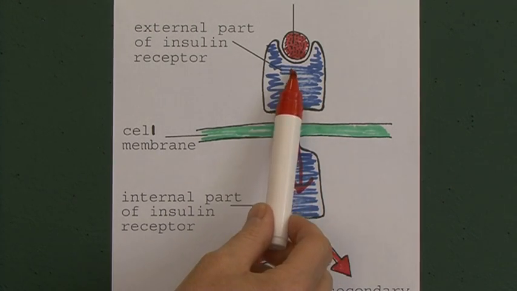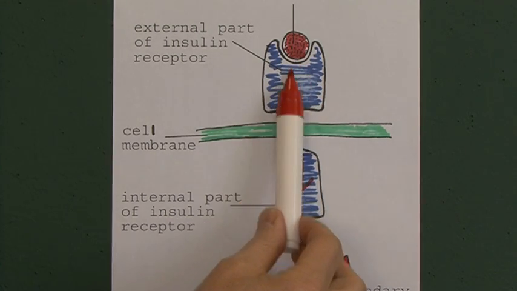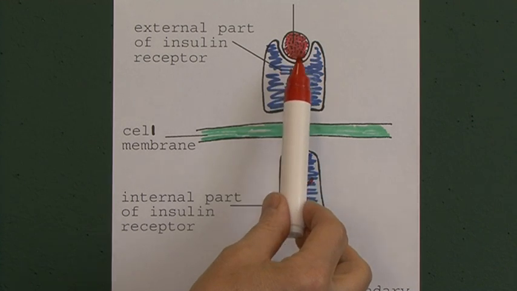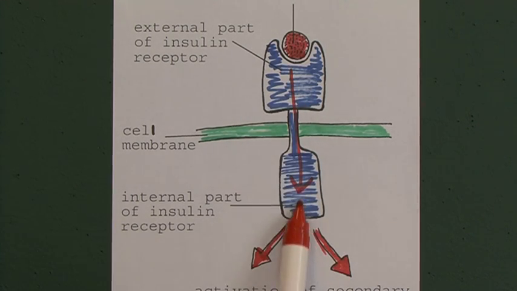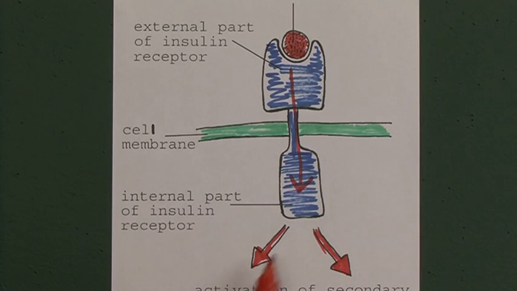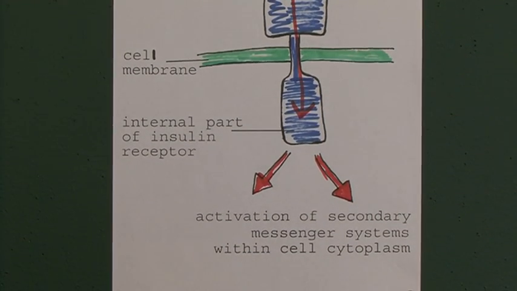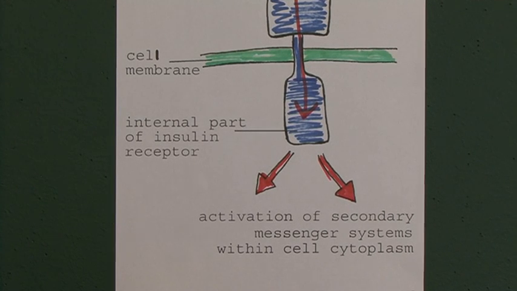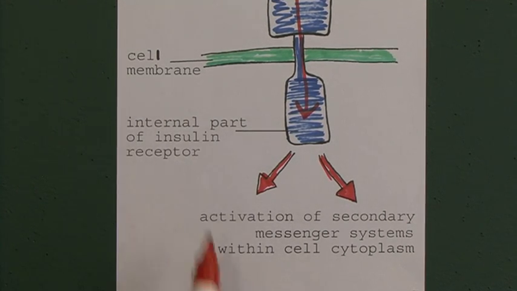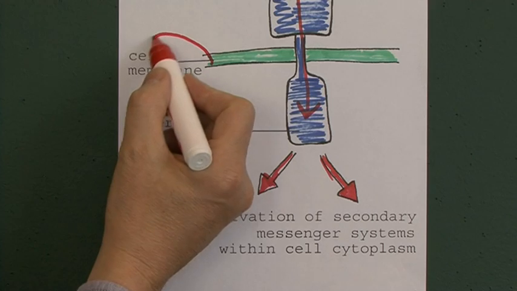You need both parts. And it's only when the insulin activates the insulin receptor molecule that it brings about the secondary changes, and the secondary changes cause the glucose transporter molecules to rise to the surface of the cell membrane.